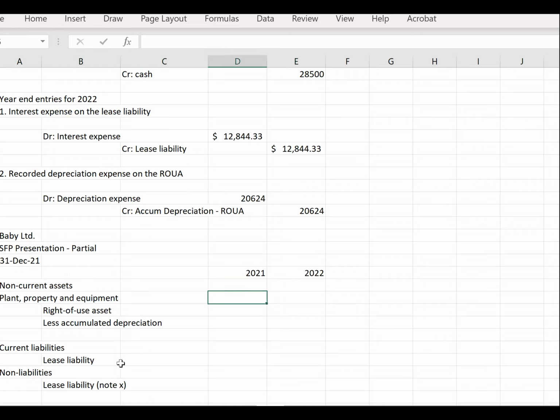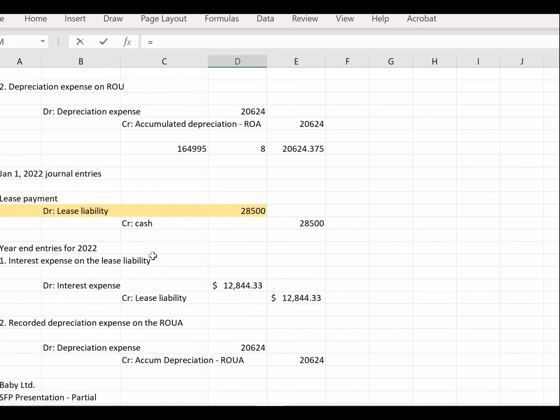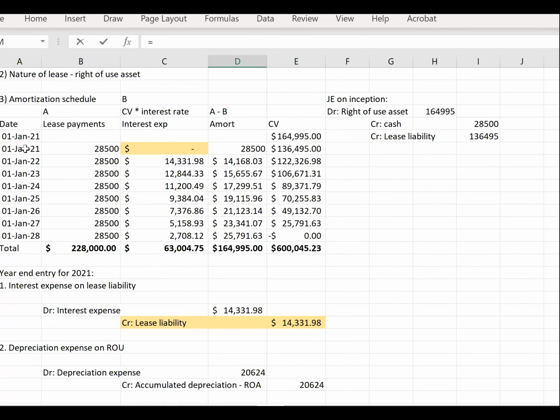So what are we going to have as our right of use asset for 2022? Well, when was this lease signed? 2022. December 31st, 2021 would be here.